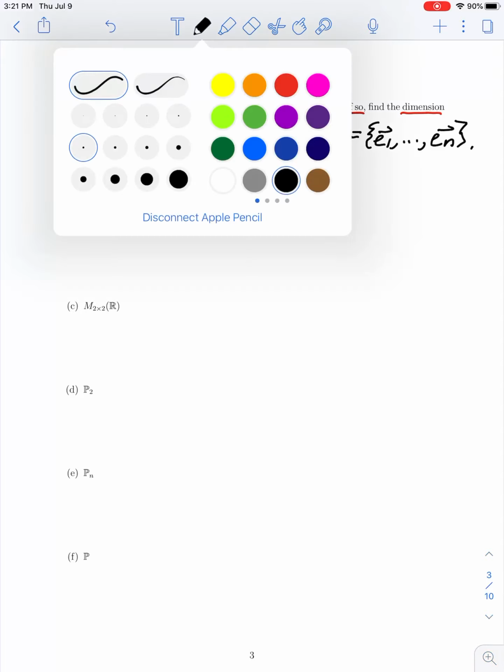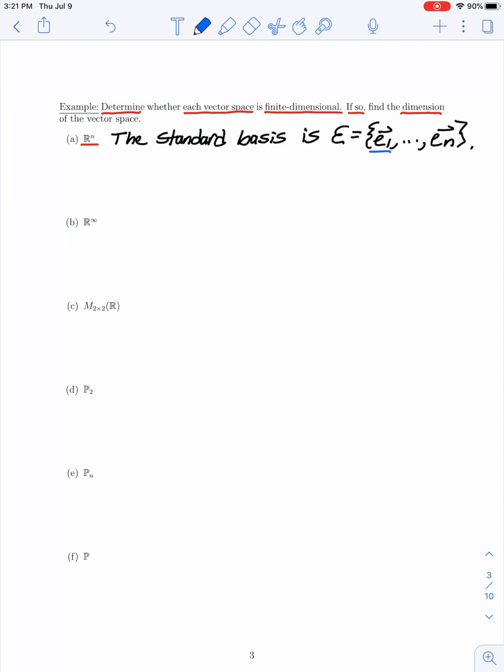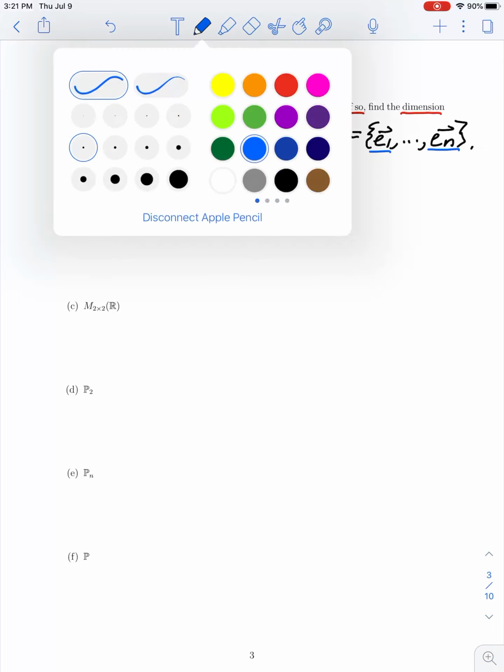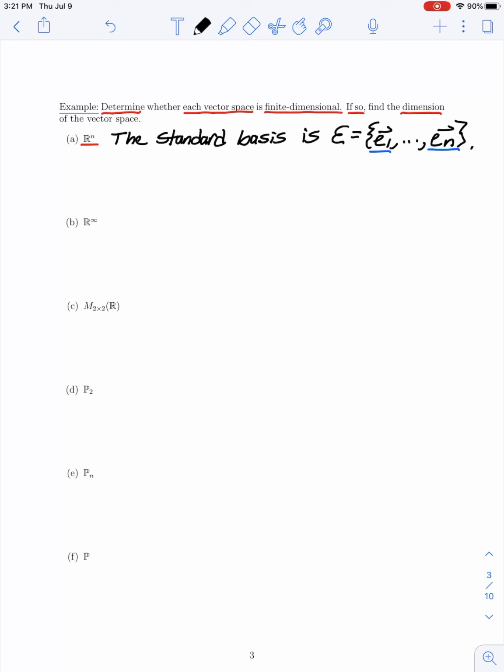So here we have a basis which consists of a set of n vectors. And by theorem 4.10, every basis for Rn consists of exactly n vectors. So the dimension is the number of vectors in a given basis.